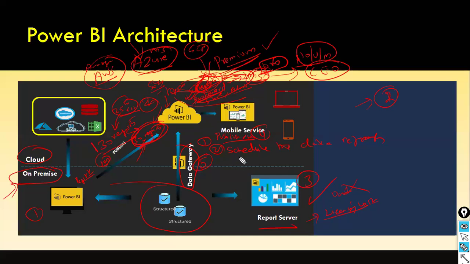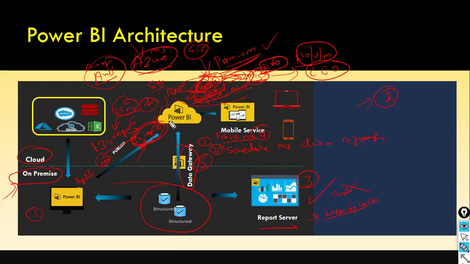So the second functionality of this one is you can schedule the data refresh. Once you publish these 30 reports, importantly, they need to get refreshed on a daily basis. You can schedule the data refresh daily.